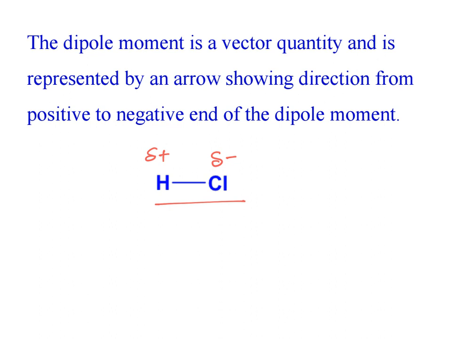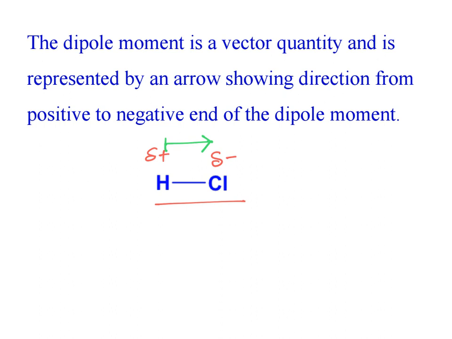Now dipole moment is a vector quantity, which has a directional character. How do we show this dipole moment? Always we have to show the dipole moment from the positive end to the negative end, with the arrowhead towards the negative end. This is the way we represent dipole moment, indicating that the polarization takes place from the positive end to the negative end.